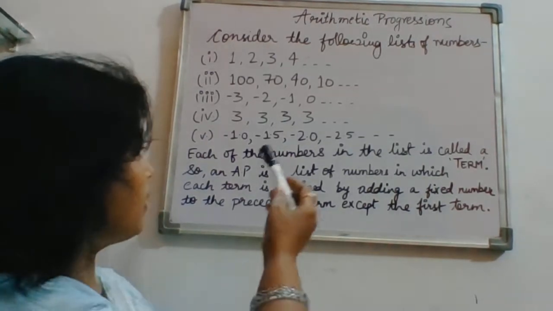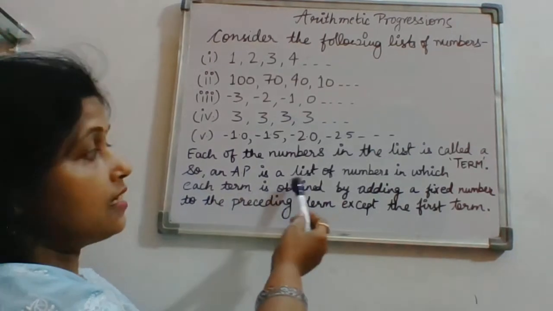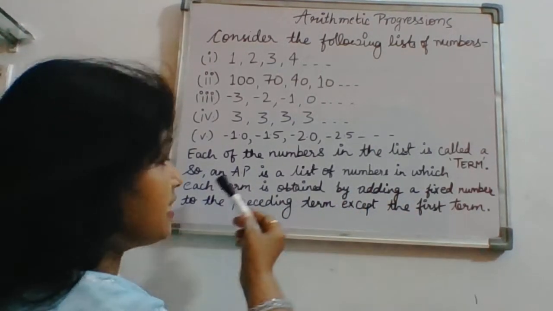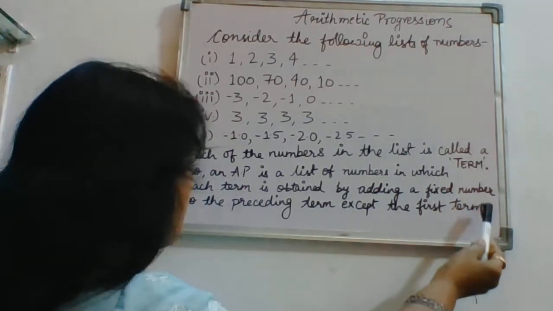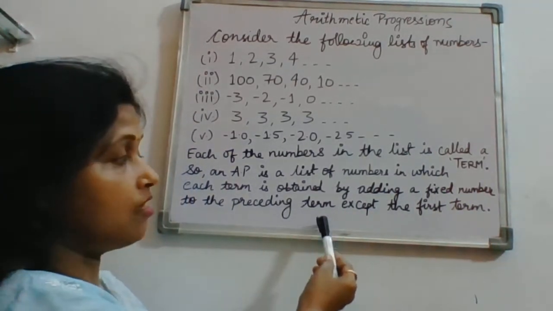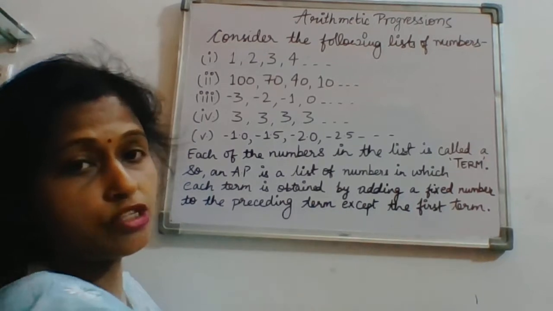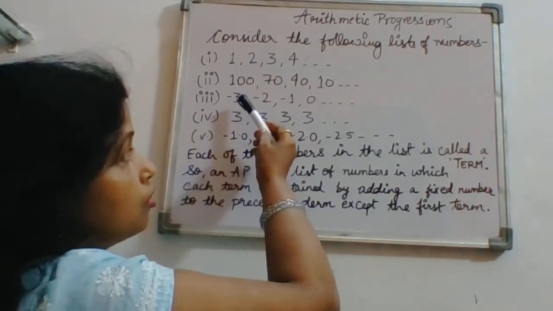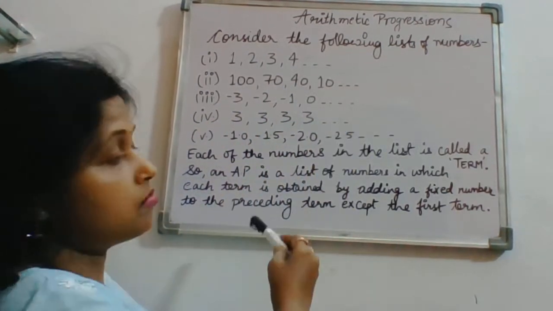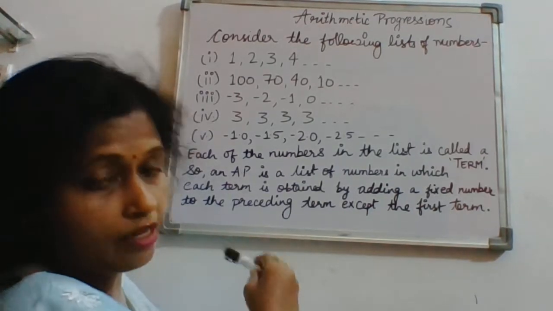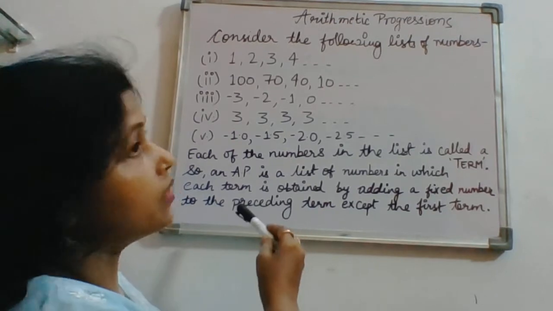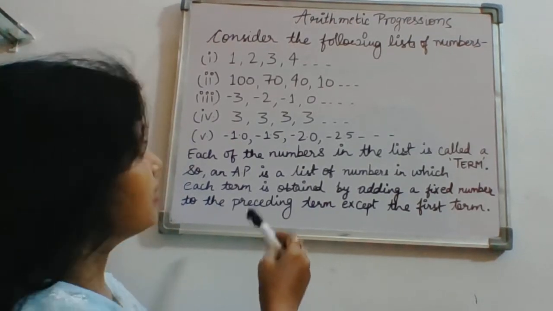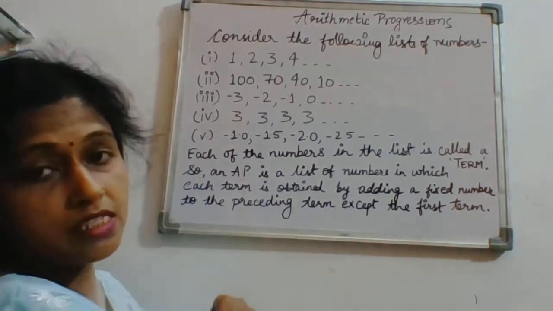AP is a list of numbers in which each term is obtained by adding a fixed number to the preceding term except the first term. Except the first term, all the rest of the terms are obtained by adding a fixed number to the preceding term, right? Like here, the first term is 100.